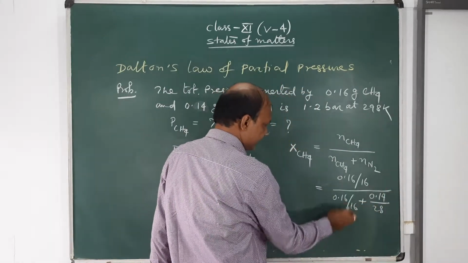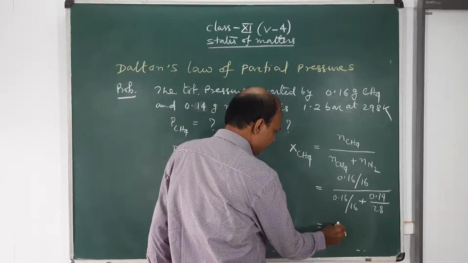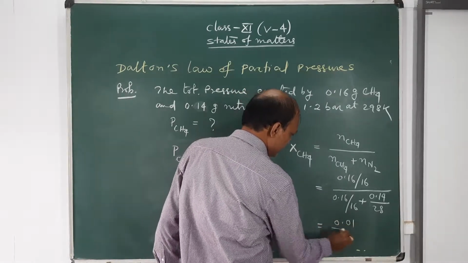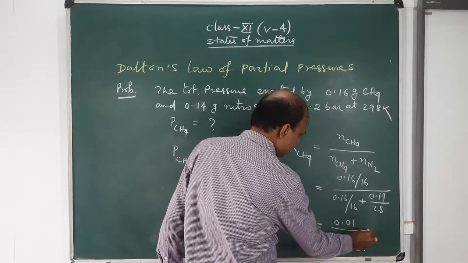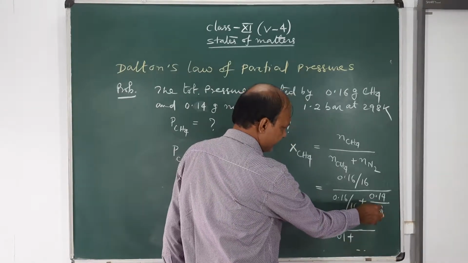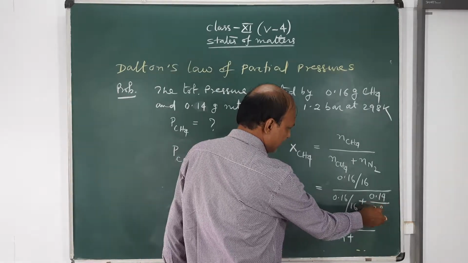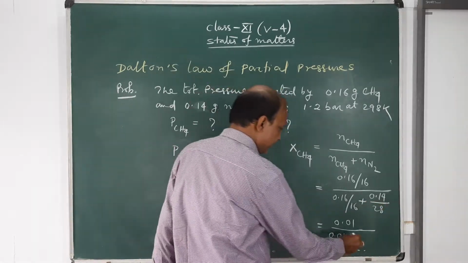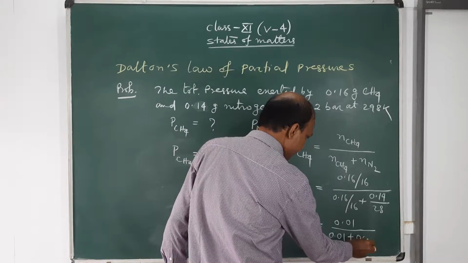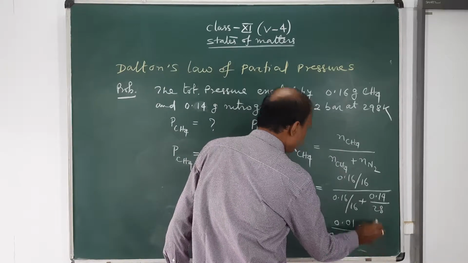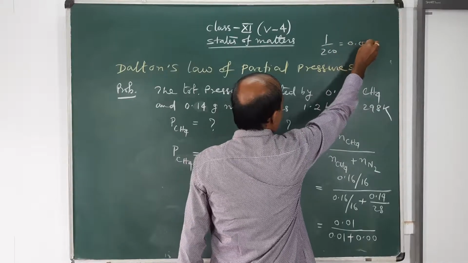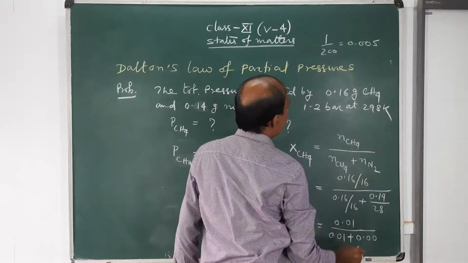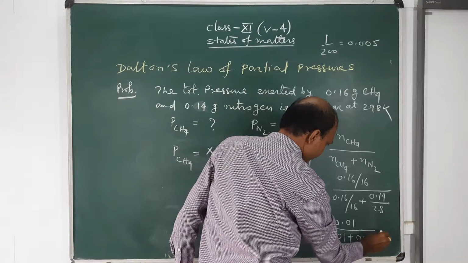Therefore, you can write this is equal to 0.01 in the first case, plus here it is 0.14 by 28, 1 by 200, that is 0.005.